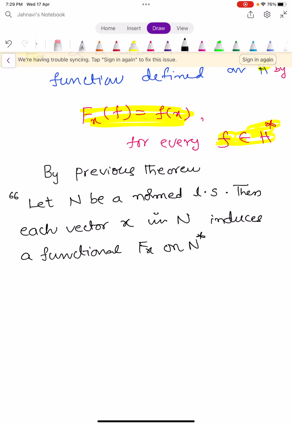This is the previous theorem. I proved this theorem in one of the videos, somewhere between video number 20 and 30. So this is the theorem.